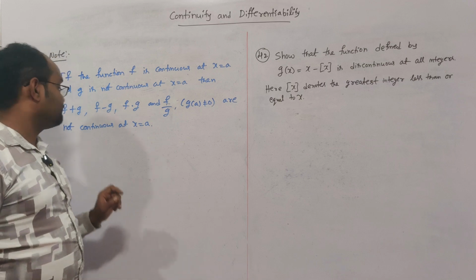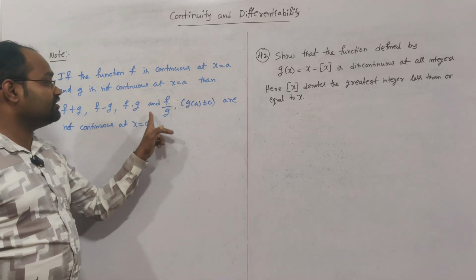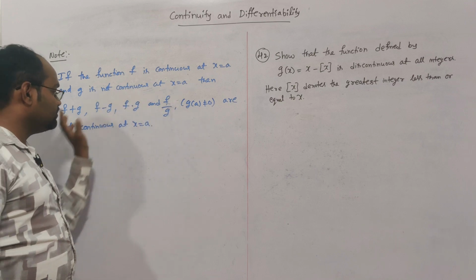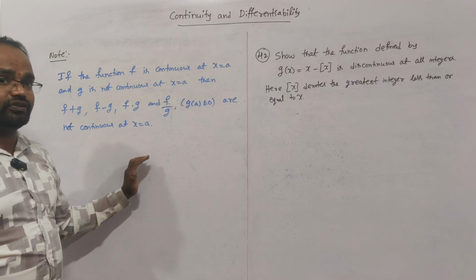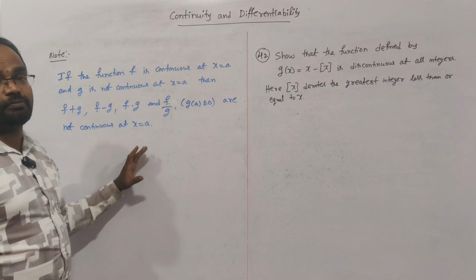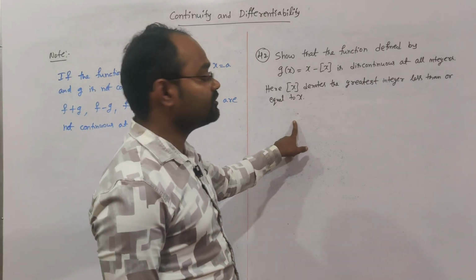In that case, all of them, that is f plus g, f minus g, f into g, f divided by g, will become discontinuous at x equal to a. They are not continuous. So remember this property. Using this, let us solve this question.